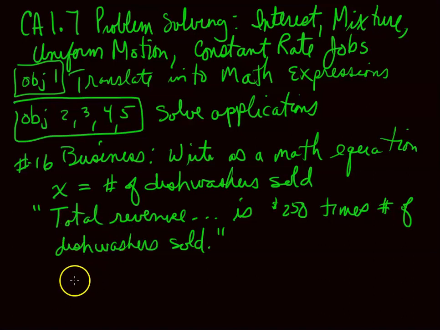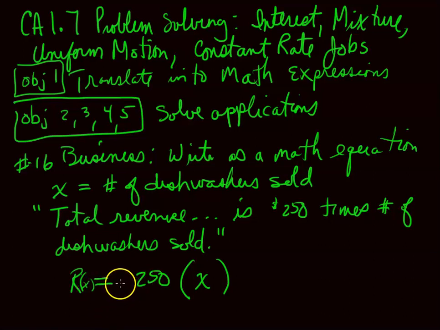So the total revenue, I guess we can call that R, is the equal sign, $250 times the number of dishwashers sold, which we called X. So there's an equation. Since we're not given any numbers, we really have R of X if you wanted function notation.